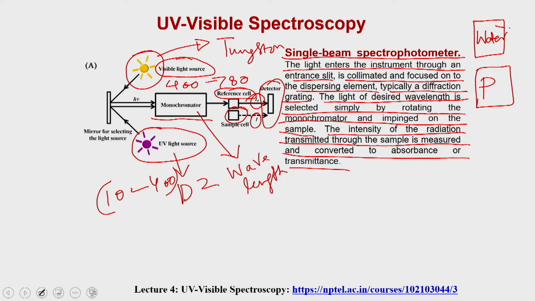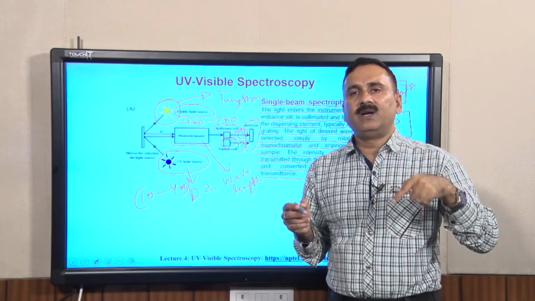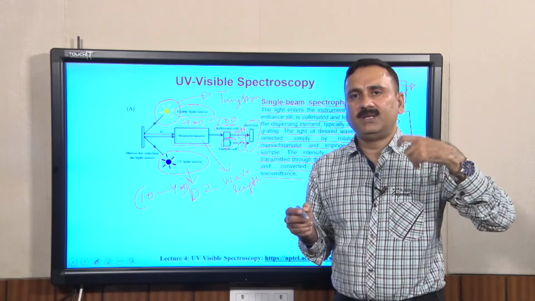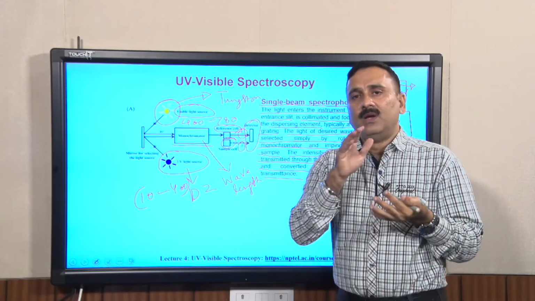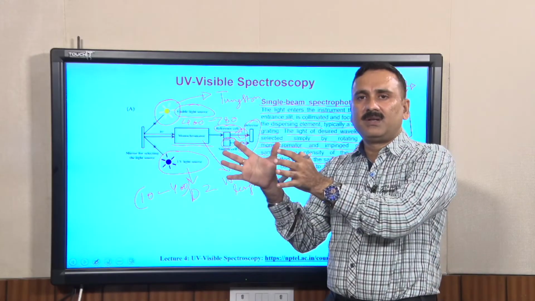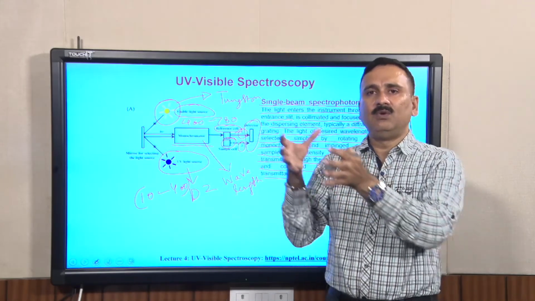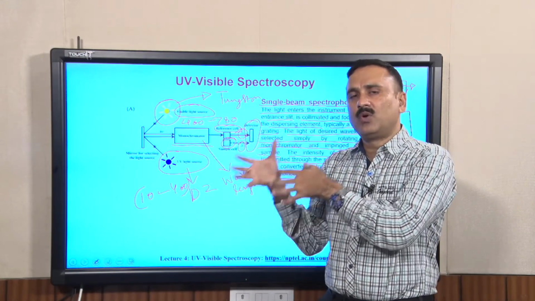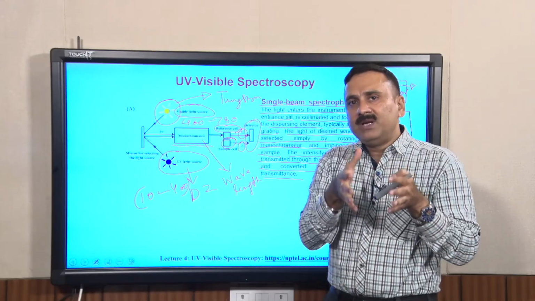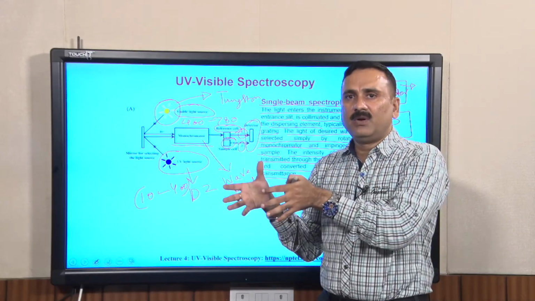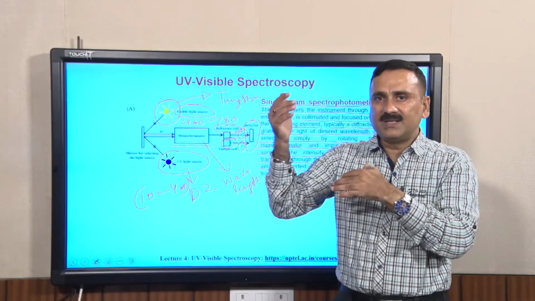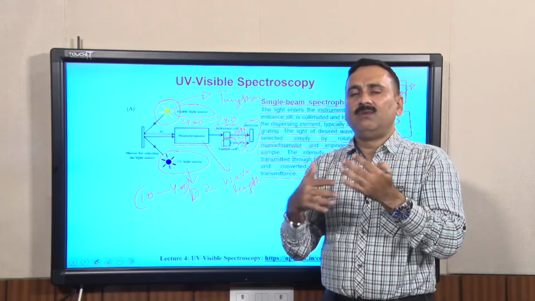Suppose the water has some absorbance; it will consider that as 0, and in reference to that it is going to give you the absorbance for your protein sample. But if in between the intensity of the light is reduced or increased, then it is going to give you artifacts.